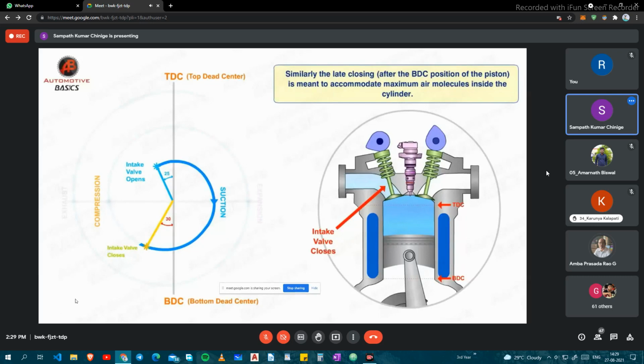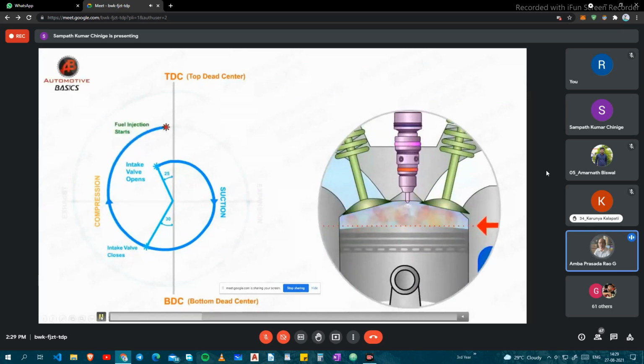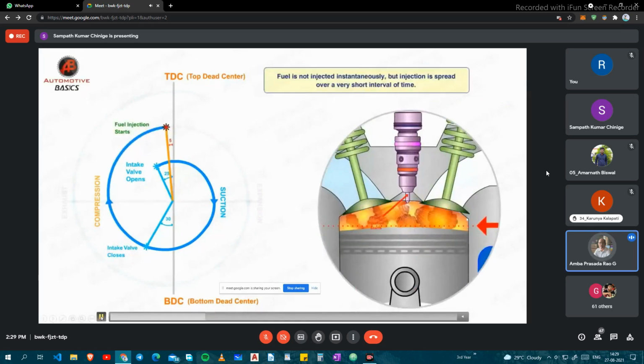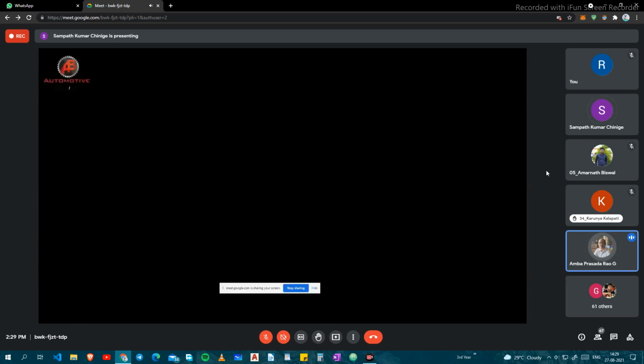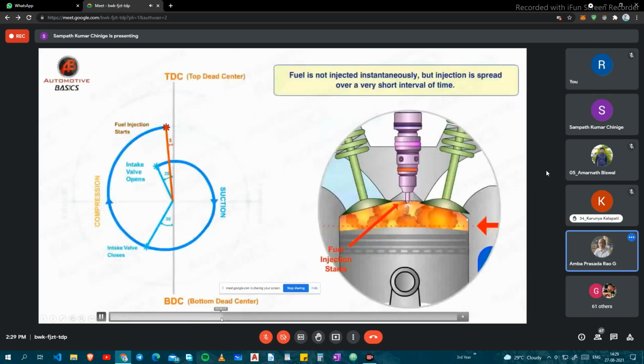So the valve is closed here. The piston is moving upwards. Before it comes to the top center, the fuel starts injecting. So it is different from an ideal case. Instantaneous heat addition is not possible, and these processes are not reversible.